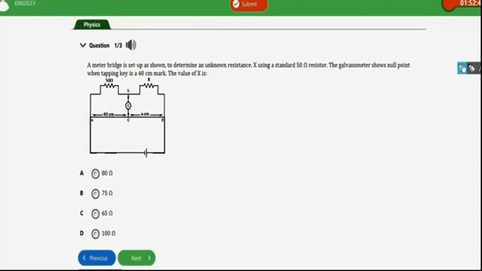Now guys, when it comes to meter bridge, this is a formula I follow to solve problems involving meter bridge: R1 over L1 equals R2 over L2. This is the formula that works for me, and I also believe that it will work for most of you watching this video.